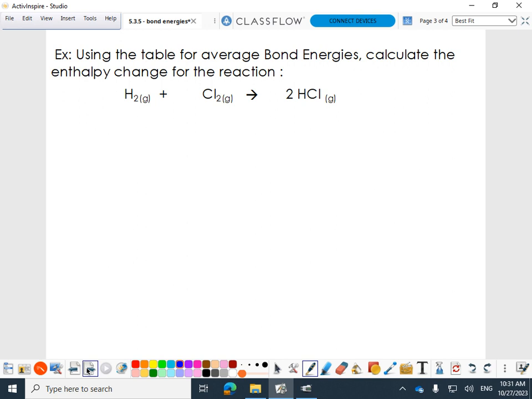So then when you have them in a diatomic molecule, it's going to be single. And when you have a chlorine gas, then it's going to be single as well. And then when you have the compound over here, it will also be a single bond. So this is a very, very simple type of question. And then we'll do a combustion reaction, which is a little bit more involved.